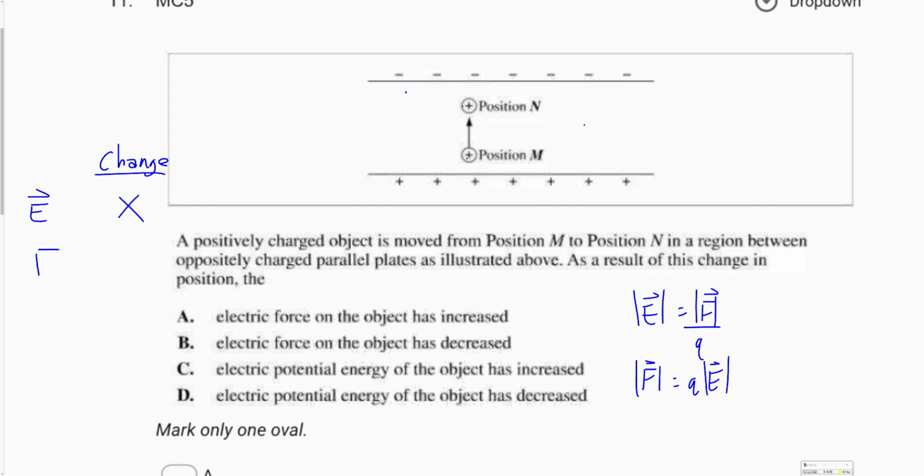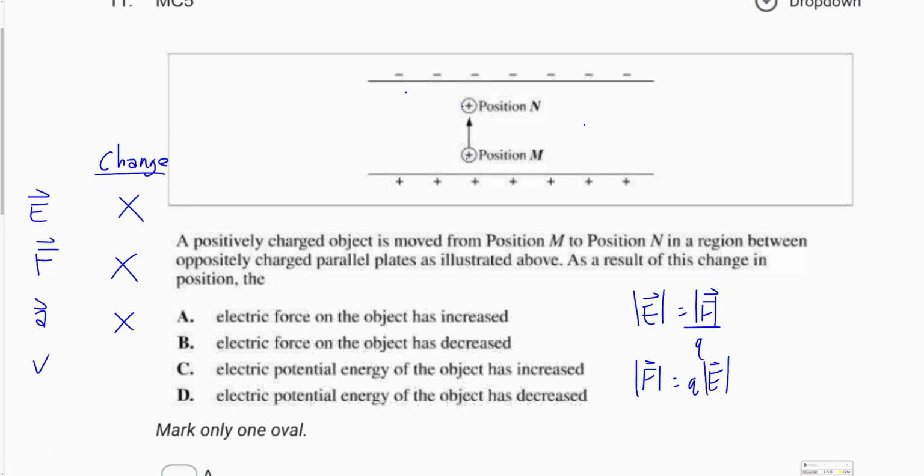No. The force can't change, because the field isn't changing. Now, if the force isn't changing, and we're not asked about this, but what about the acceleration? Would the acceleration change? No, because a is equal to F over m. If the force isn't changing, then the acceleration wouldn't change. Now, would the speed change?